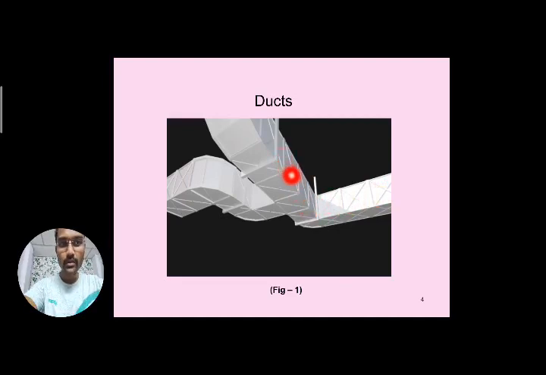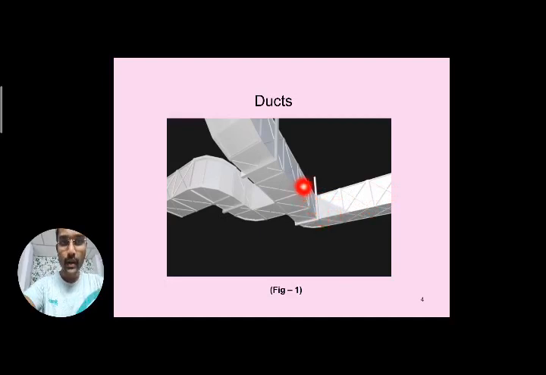For example, if you went into an auditorium, a bigger seminar hall, an old type of cinema hall, a highly spacious bank, some buildings with central air conditioning, or malls, at those places you can observe these type of arrangements. These are known as the ducts.